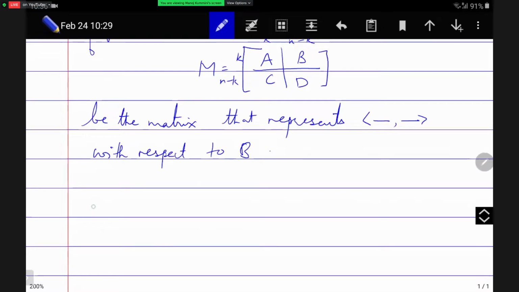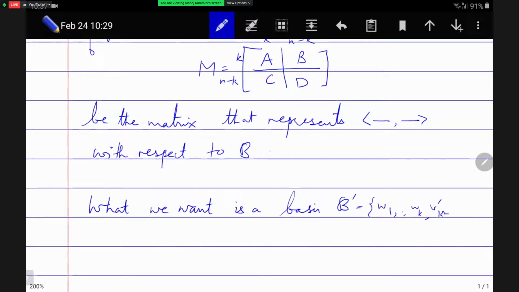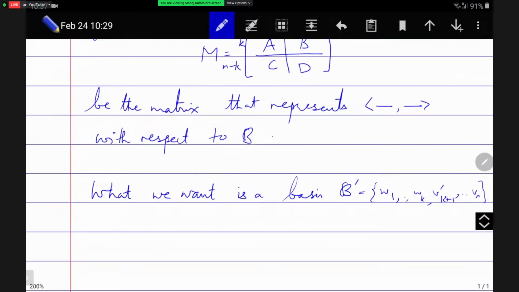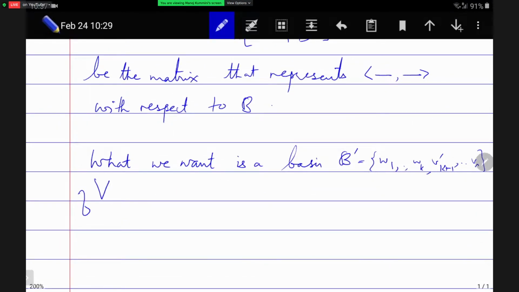So what we want is a basis B prime, which has the same W's and then some Vk plus 1 prime through Vn prime of V such that V prime i is inside W perp for k plus 1 less than or equal to i less than or equal to n.